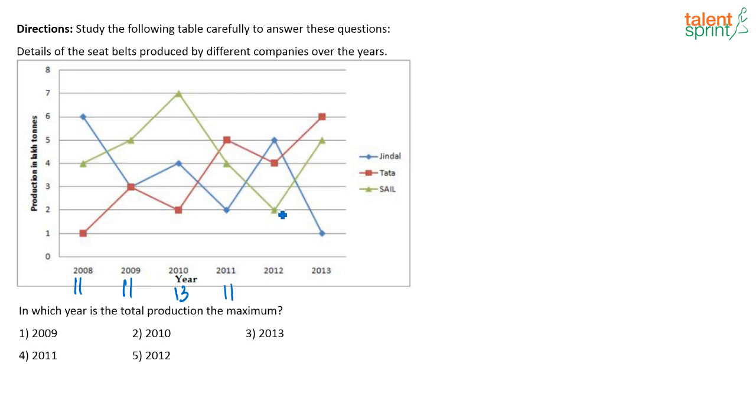And in 2012, it is 2 plus 4 plus 5, again 11. And in 2013, it is 1 plus 5 plus 6, so that is 11 plus 1, that is 12. So which year has the maximum production? It is nothing but year 2010. Option 2 is the answer.